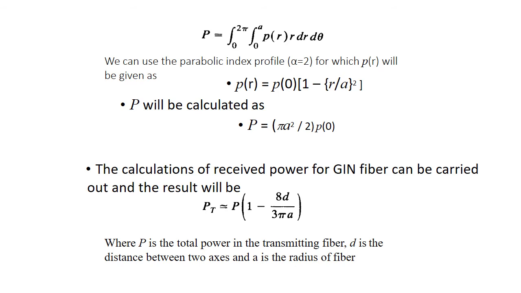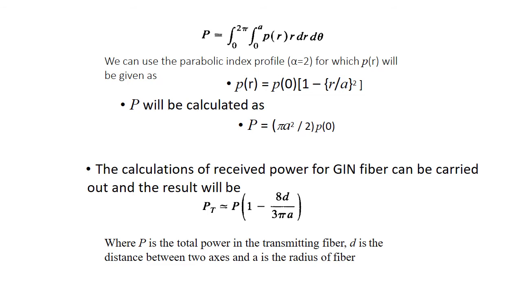We can use the parabolic index profile, alpha equals 2, for which p(r) = p(0)(1 − (r/a)²). So P is calculated as P = (πa²/2) p(0). The calculation of the received power for the graded index fiber can then be carried out.